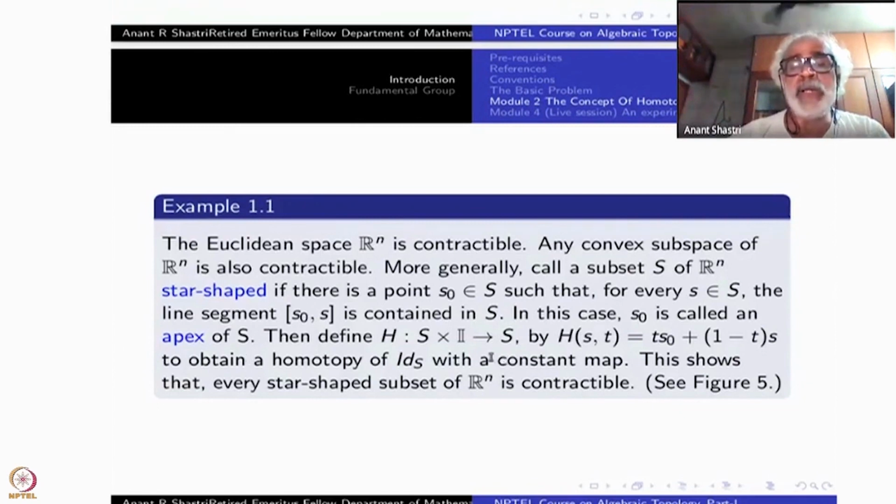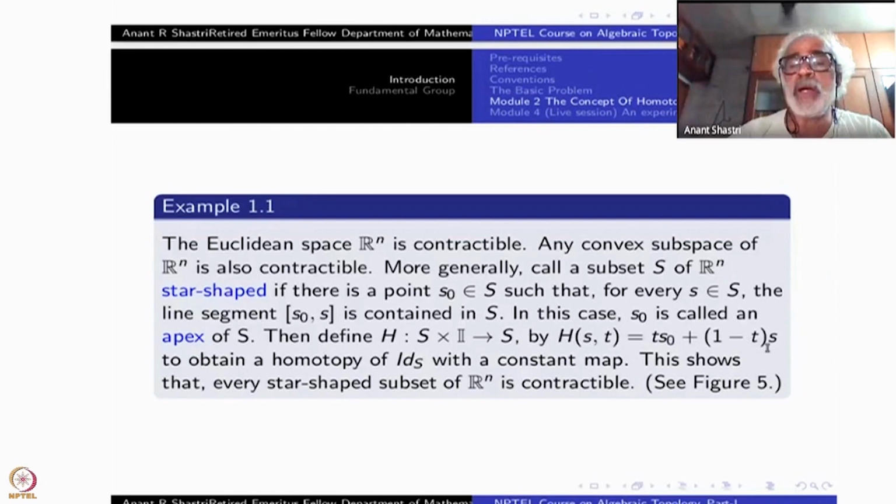Then all that I do is define a homotopy S cross I to S. In the beginning, it is the identity map. At the end, it is the constant function S naught. So I have S naught here and the identity here. S goes to S naught is the first one.